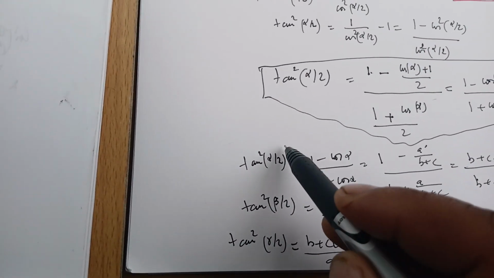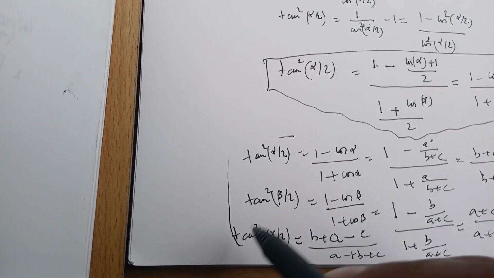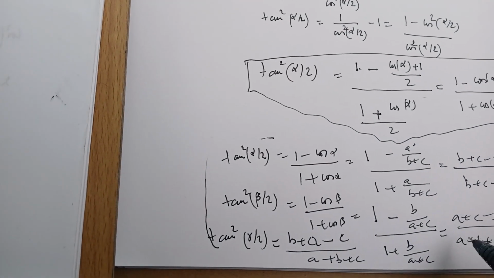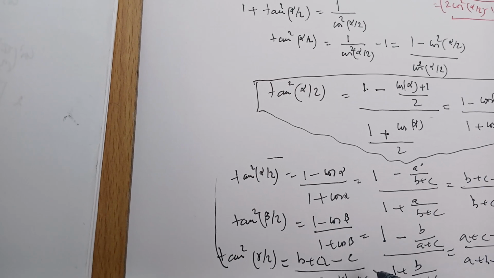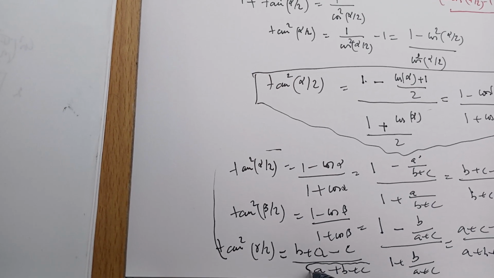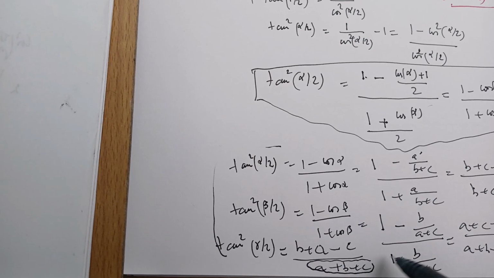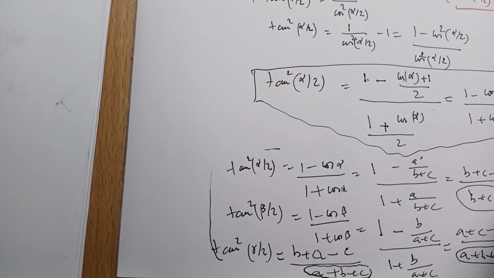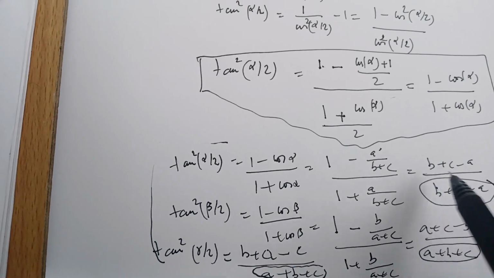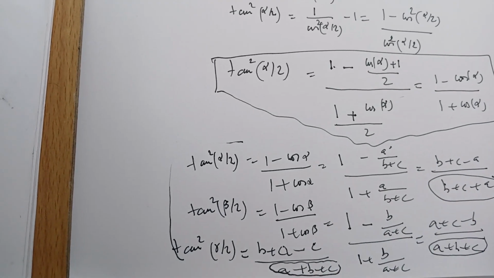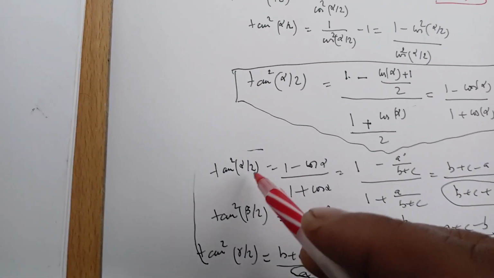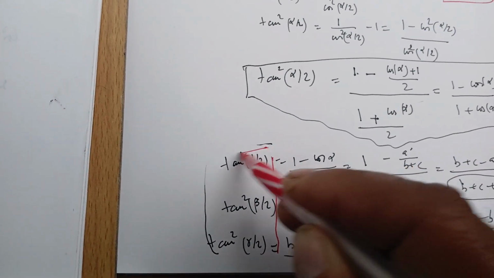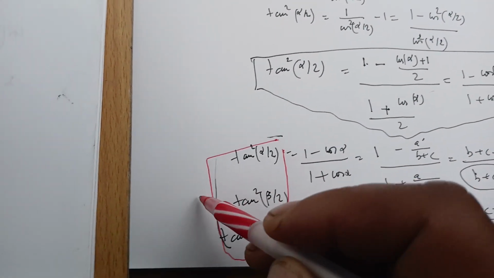Okay, now if I add these three, what do I get? I have the same denominator, a plus b plus c, in all of them. So on top, what do I have? So doing this addition, let's call this sum here, let's call it a.